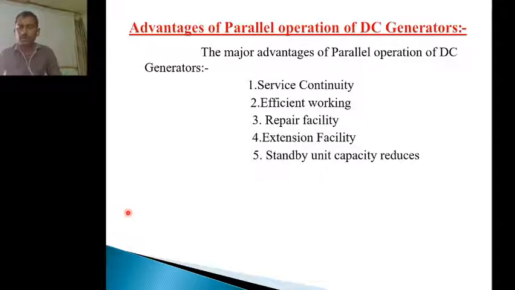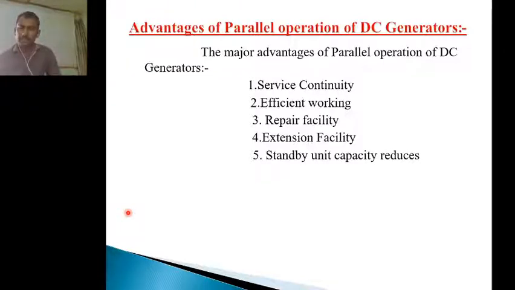So what generators can we connect in parallel? Normally we have three types of DC generators: DC shunt generators, DC series generators, and DC compound generators. These three types can be connected in parallel, but the condition is that the same type of generators must be connected.